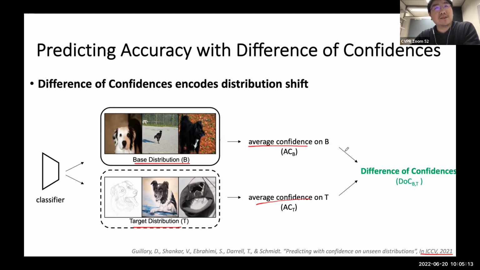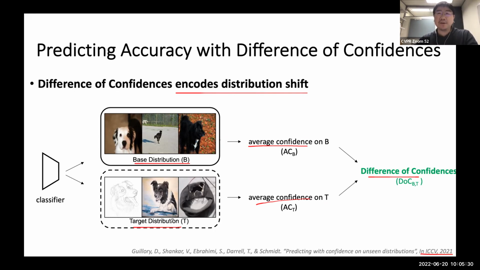And then it's also very simple to calculate their difference of confidence. And this difference can represent the distribution or domain gap between the base distribution and target distribution.